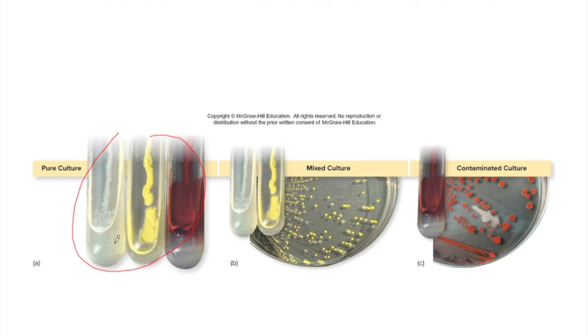For example, in this media, we can see those white colonies. This is the medium for the E. coli. Okay, so these are white colonies.